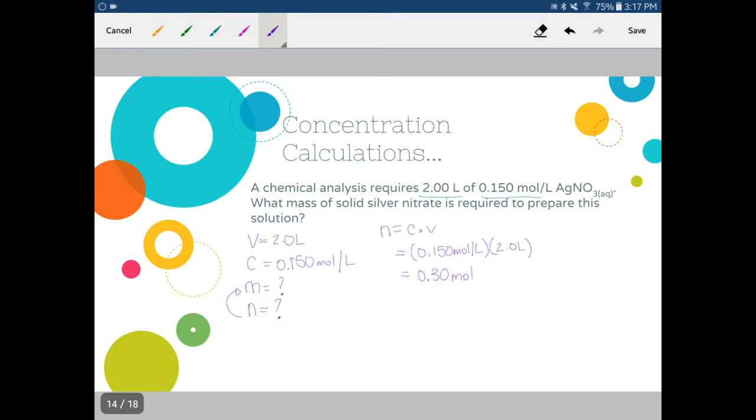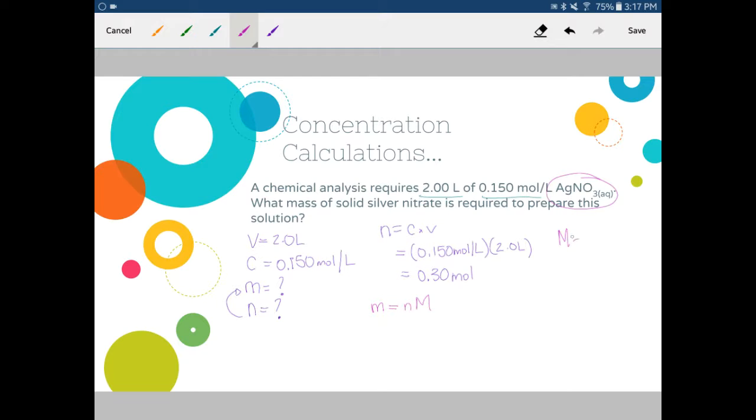So then I can say my mass is equal to my moles times my molar mass. When I take a look at silver nitrate, I can calculate the molar mass.